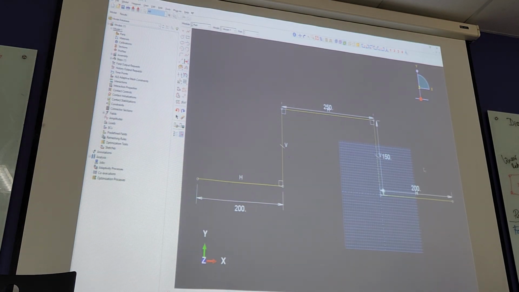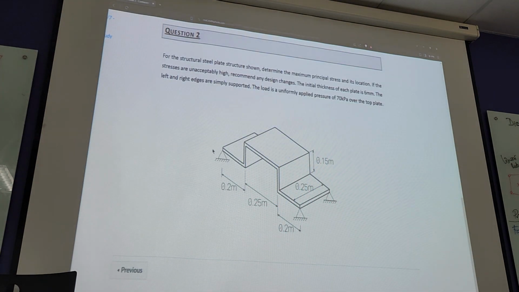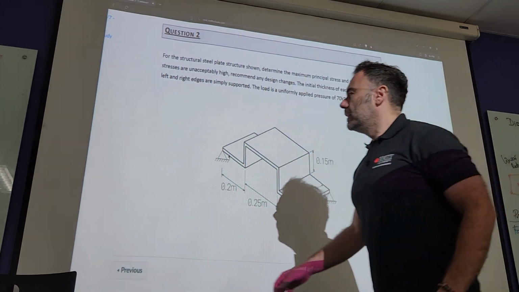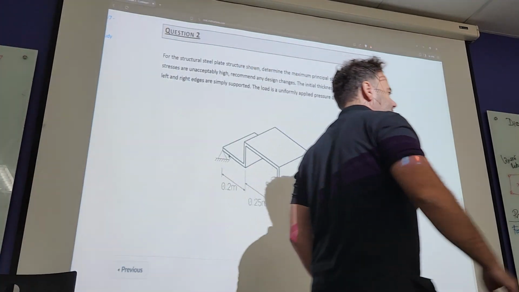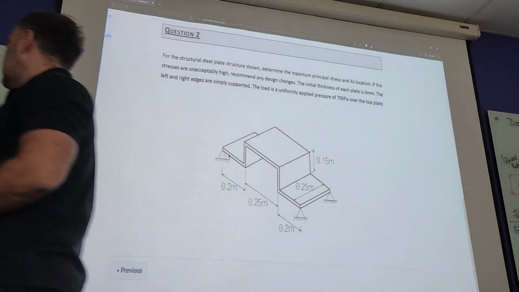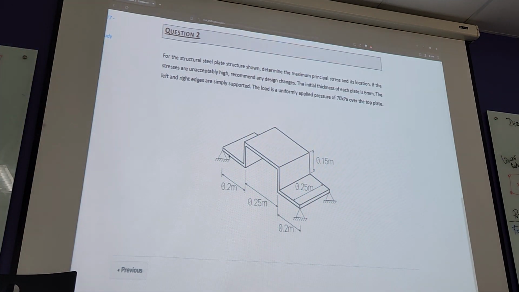It doesn't capture the mid-surface, does it? The minus thickness. So this bit here, the black edge here is 200. What is the blue length? 197.